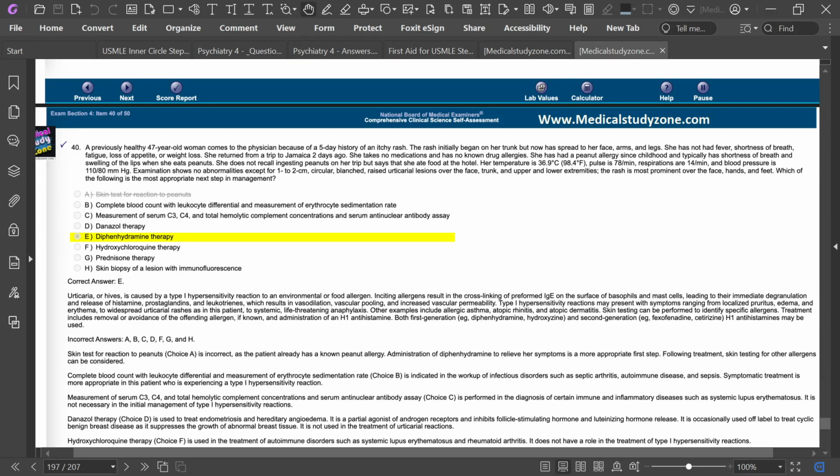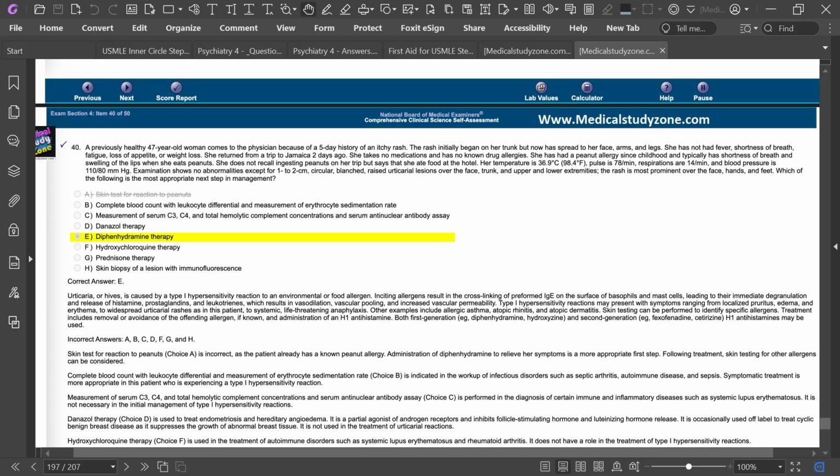Type 1 hypersensitivity reaction may present with symptoms ranging from localized pruritus, edema, and erythema to widespread urticarial rashes, as in this patient, to systemic life-threatening anaphylaxis. Other examples include allergic asthma, atopic rhinitis, and atopic dermatitis.